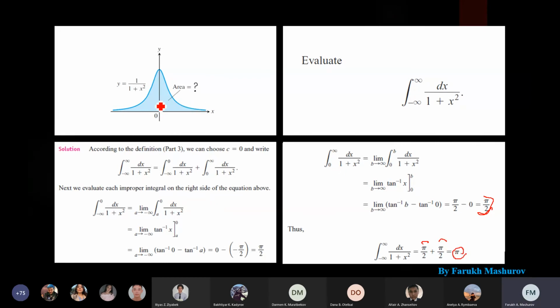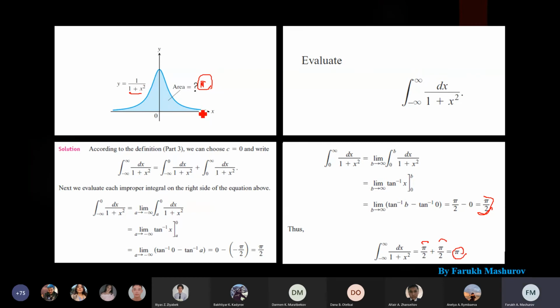As you see, the area of this object is equal to pi. So it's interesting, because you have this function, and if you find the integral from minus infinity up to infinity, you will get just pi.